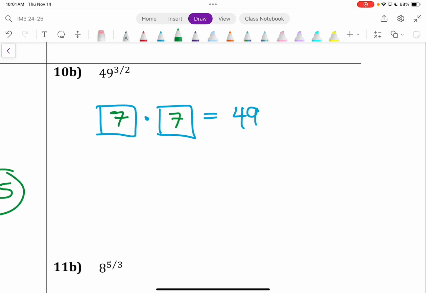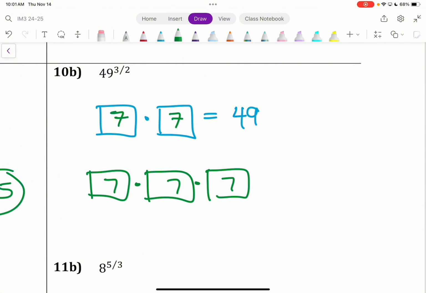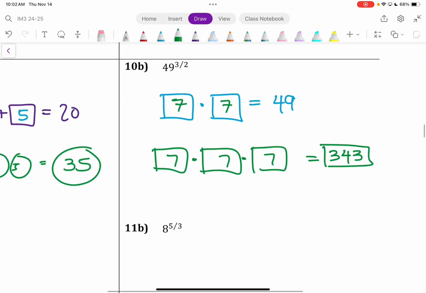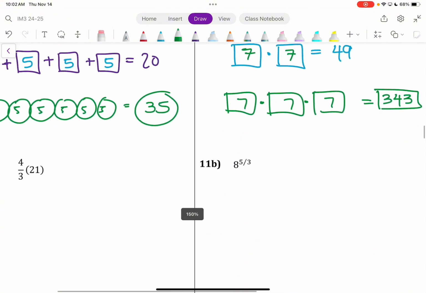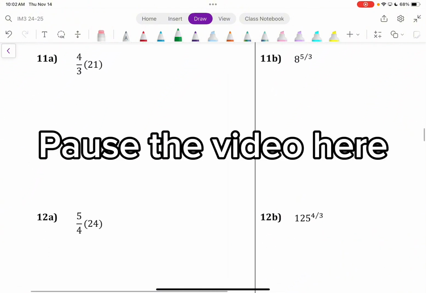But I need 3 of these. 1, 2, 3. So 7 times 7 times 7. Now, unless you had a calculator, you wouldn't know what this is. So I'll just give this to you. This is equal to 343. 7 and 7 make 49. 49 and 7 make 343. But the concept is that. All right, so go ahead and try out 11a and 11b now.